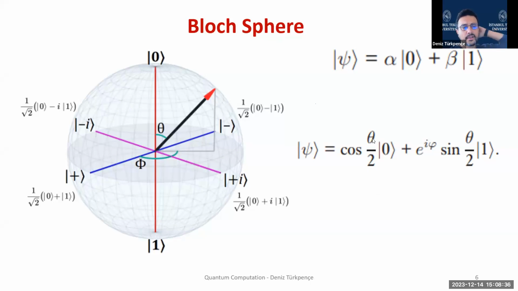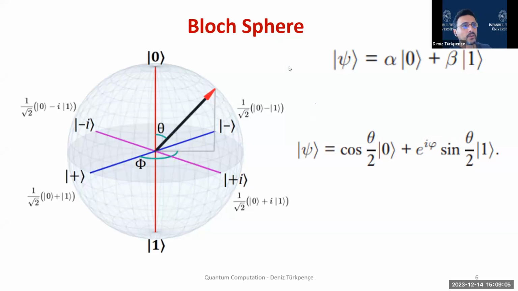So cosine theta divided by 2 multiplied by the 0 basis state plus sine theta divided by 2 multiplied by the 1 basis state. Here we have also this phi angle. In fact, this is small phi, but it's implying the same phi angle here. So this is the phase angle between the computational bases.